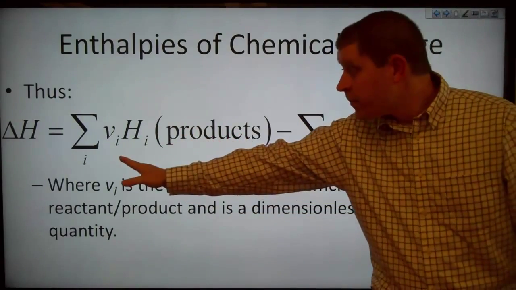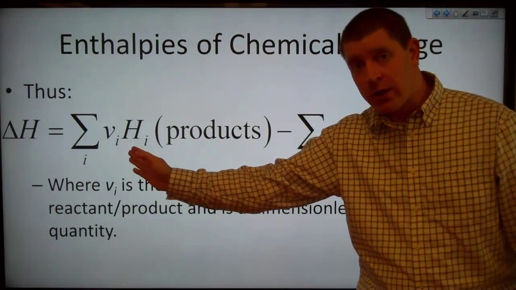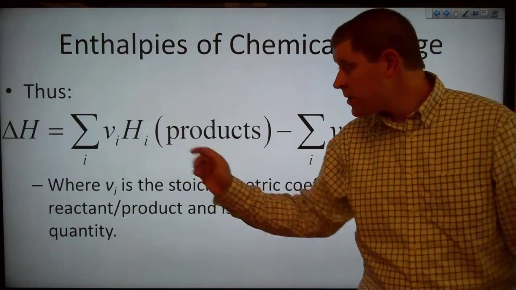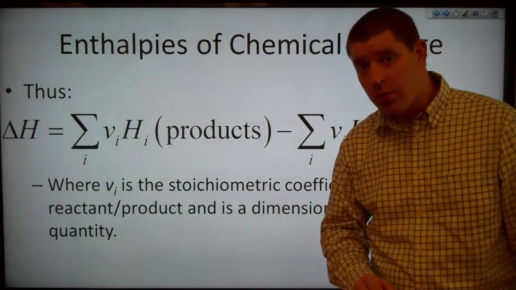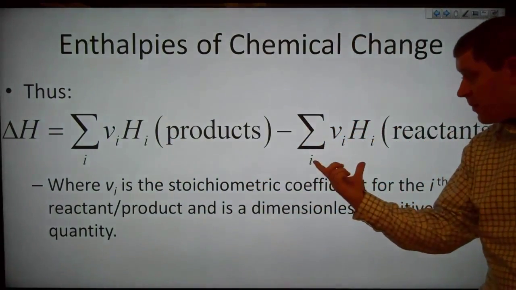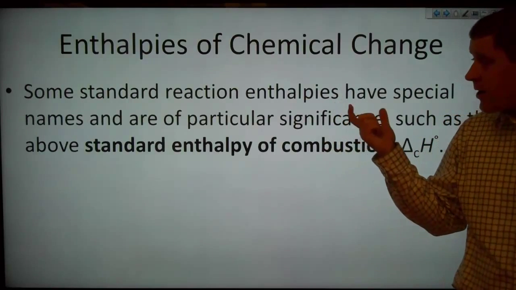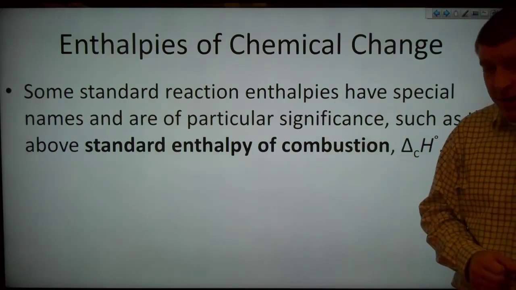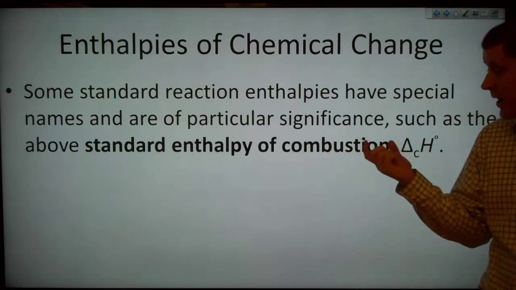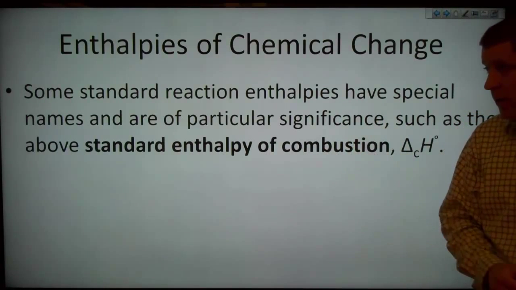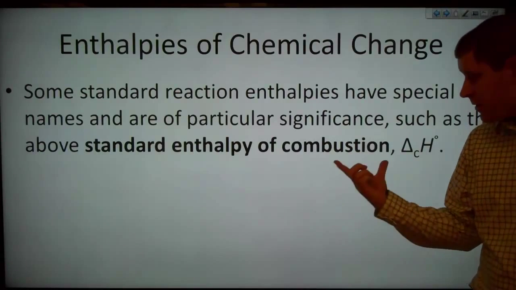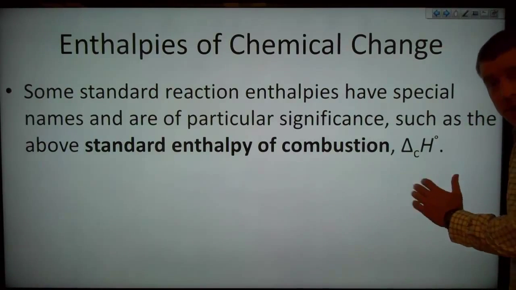So we've got the sum of the stoichiometric coefficient times the enthalpy for our products minus the sum over all of our reactants. Now some standard reaction enthalpies have special names and are of particular significance, such as the above standard enthalpy of combustion, which we can label this way.